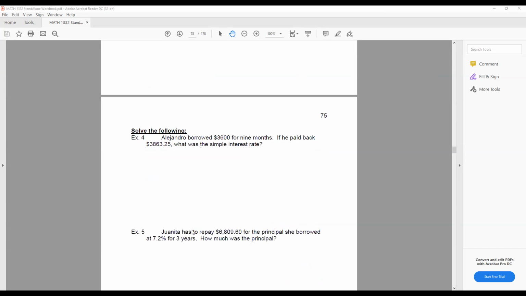Check out this one though. This one asks you to find a simple interest rate. So here they want R. So use the R formula I gave you, right? So R is equal to capital A minus principal over time.